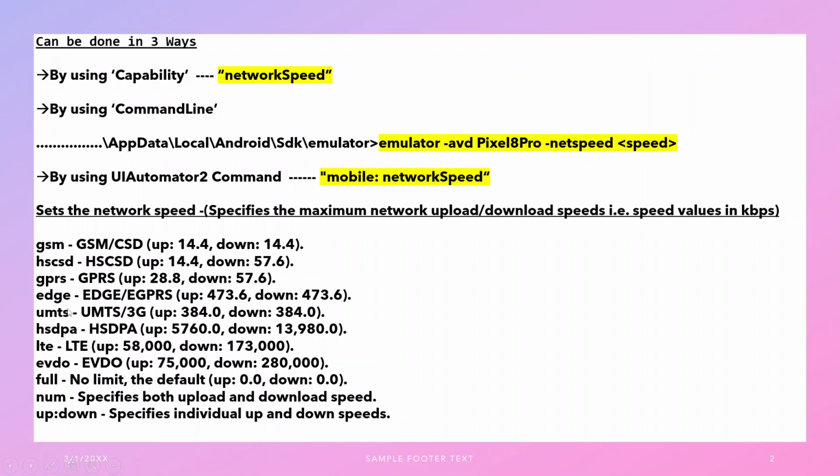Basically we use the network LTE. When you create an emulator, the default network will be LTE. If you want, as per our requirement, we can change the network here to specify the speed, upload speed and download speed. So this is all about this network speed.